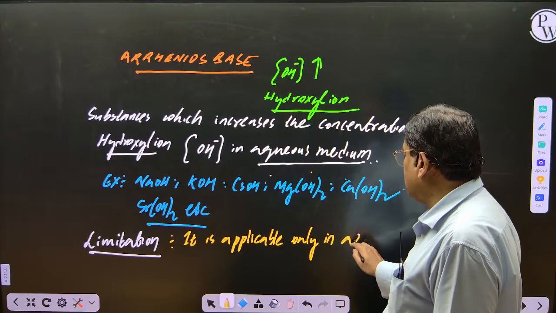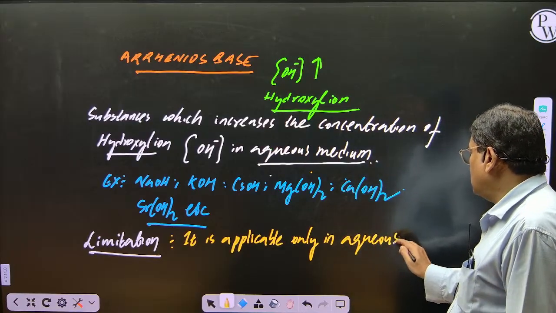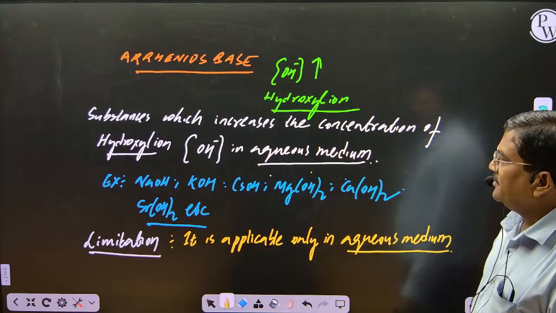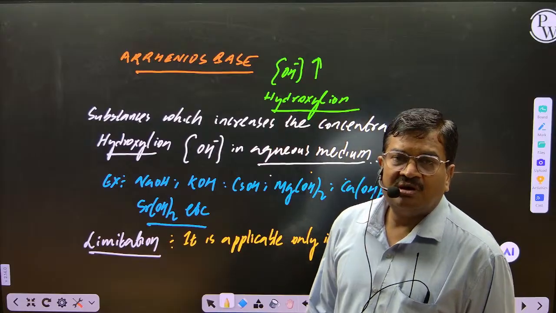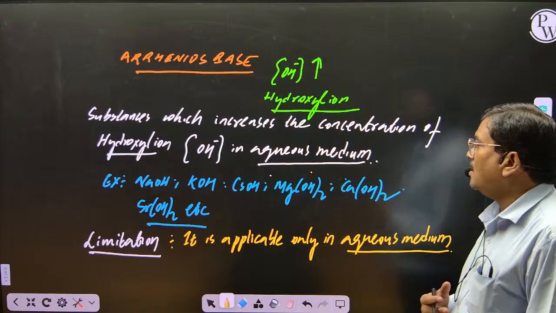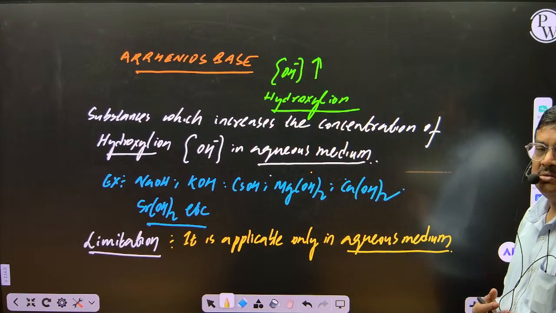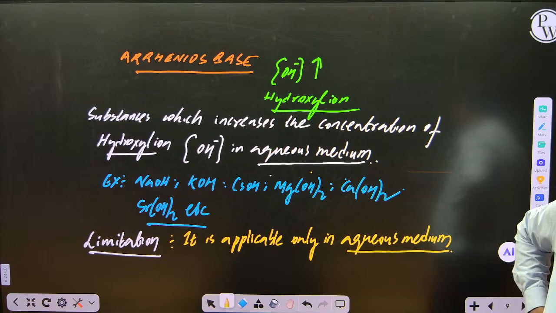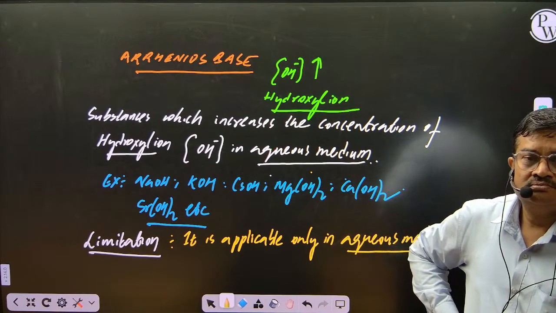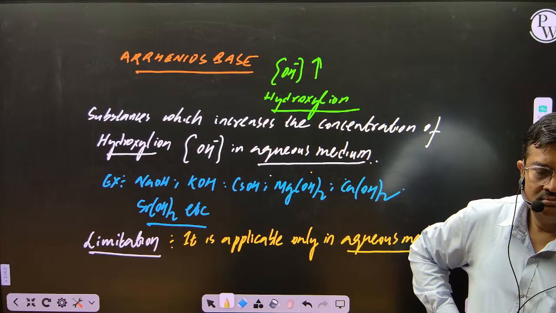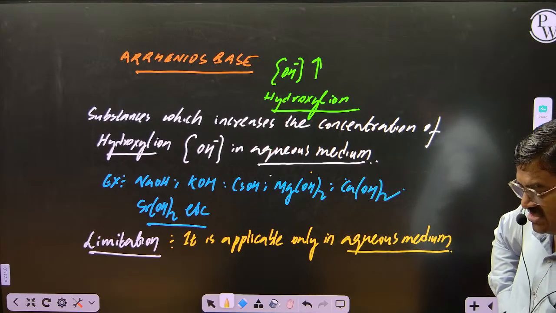What is aqueous, students? Aqueous means water. So other than water, this theory couldn't tell who is acid and who is base. That is Arrhenius theory done.